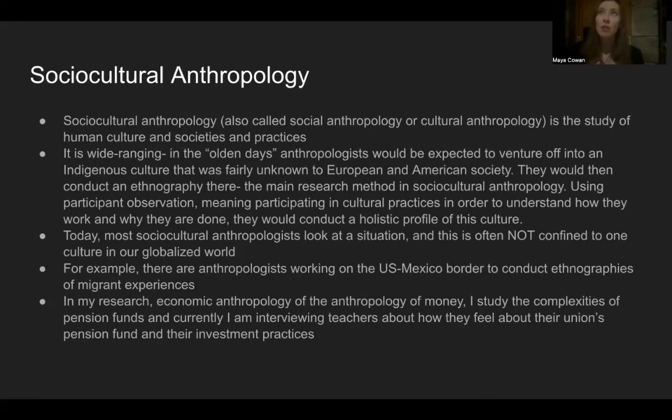So it involves something called participant observation, which is you're really participating in something while you're observing it, right? And the ethnographic portion really means, to get to the root of the word, to draw or to write a culture. And so while you were in this culture, you would try to understand everything about them, right?